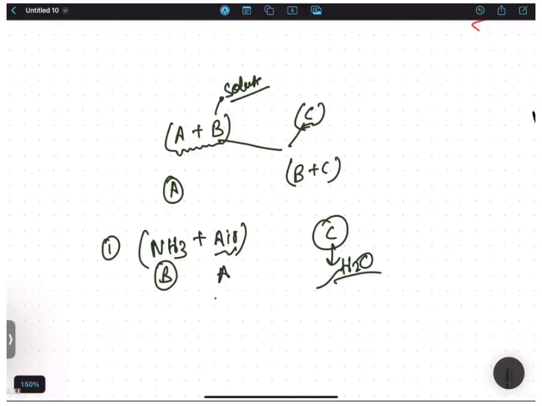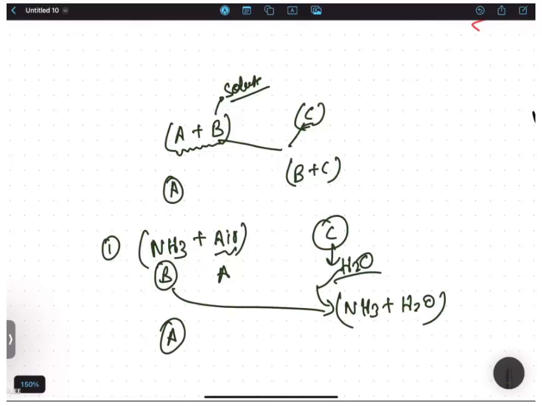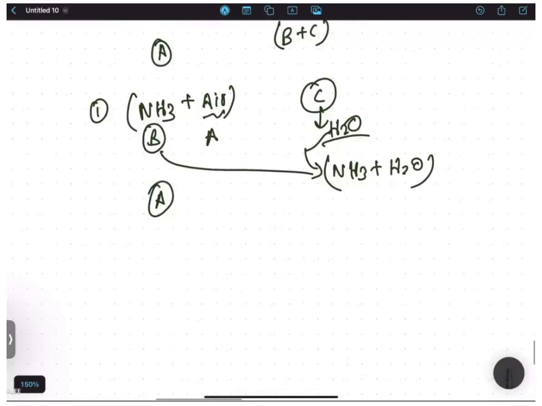H2O took away the ammonia, so we got NH3 plus H2O, and from here we get clear air. This is an example of gas-liquid separation.